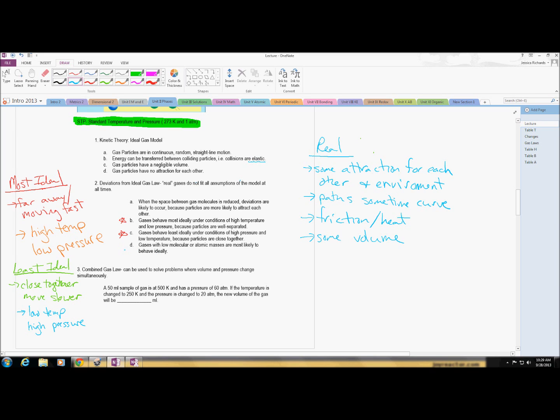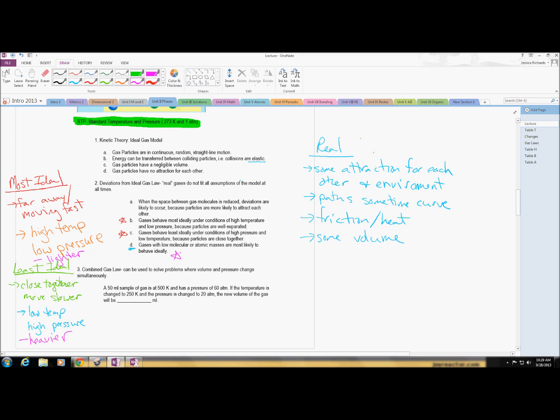Here is another important point. The bigger and heavier a gas is, the less ideally it will act. So as far as mass goes, heavier particles will act less ideal, and lighter gases will act more ideally.